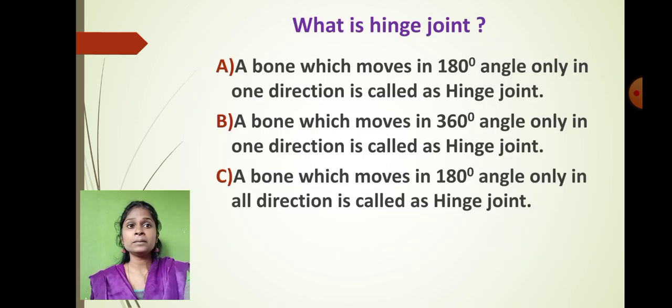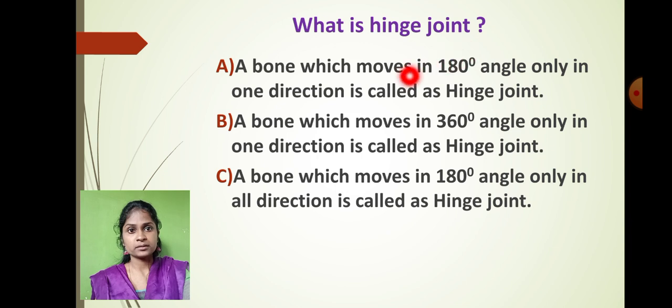Then you will be asked the answer in one sentence. Even for answer in one sentence the three options will be provided like this. The same type of three options will be provided for the brief answer and give reason also. So whatever answer you feel right, you have to click on the right option. So suppose if I ask you what is a hinge joint?